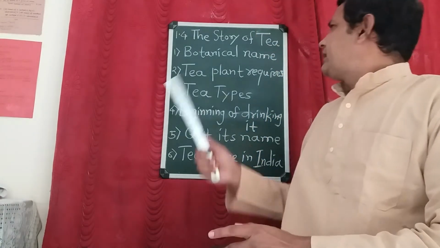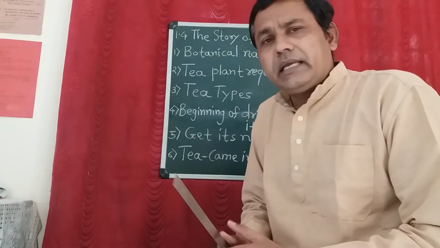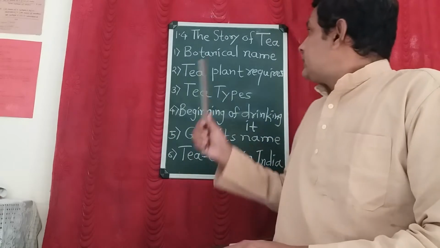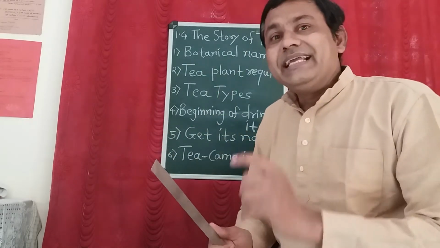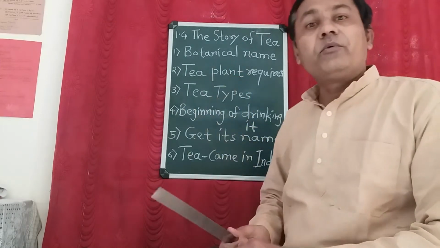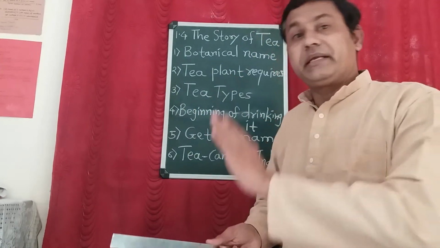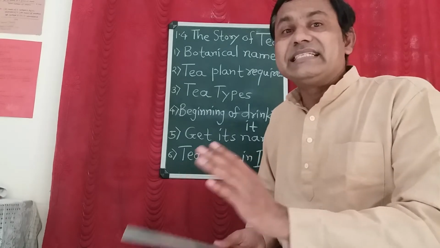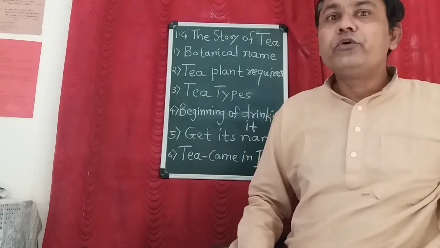The first point is that every animal and plant has a scientific name. It is called the botanical name or scientific name. The scientific name of tea is Camellia sinensis. Let me show you.